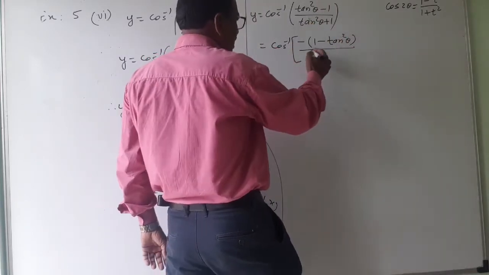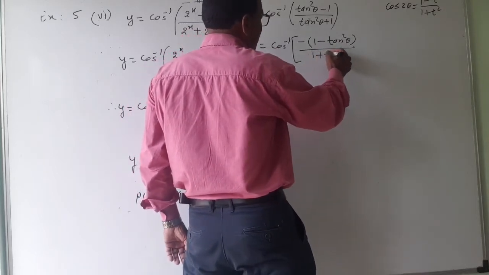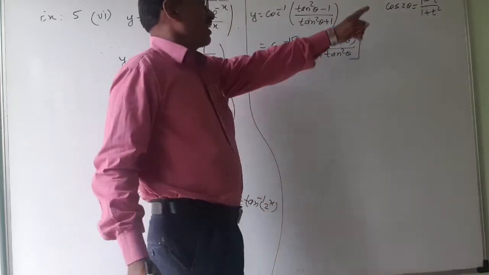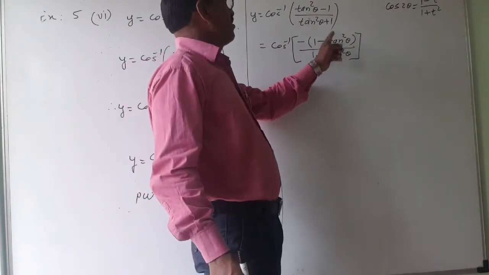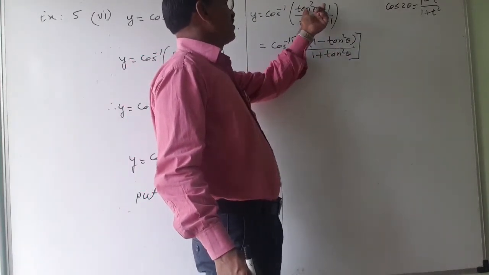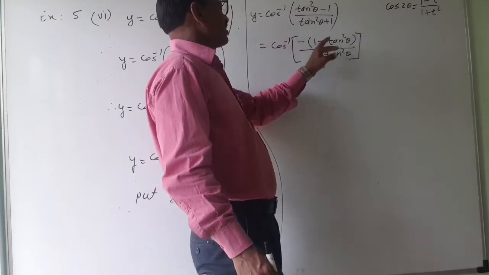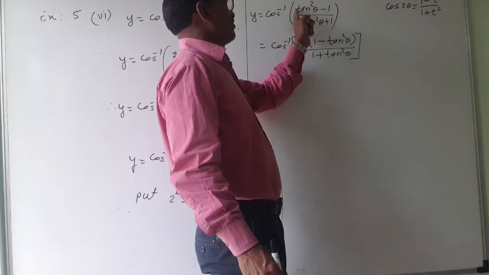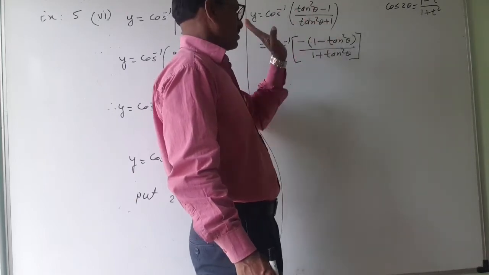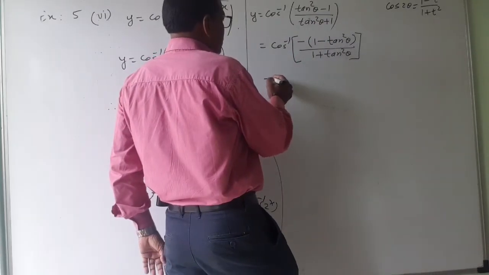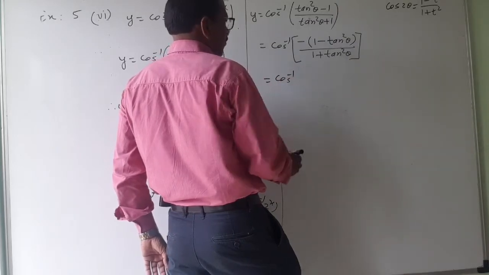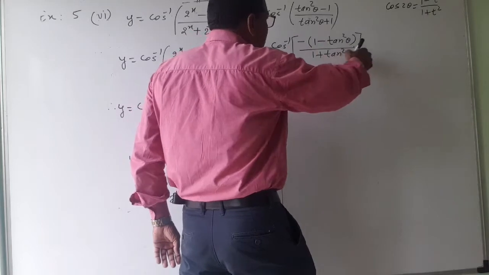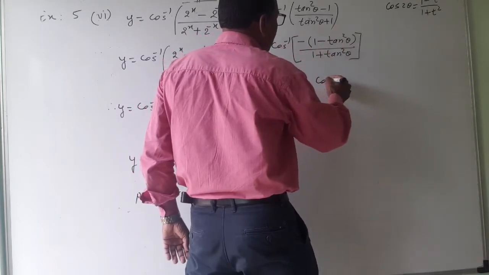And here I am not doing anything, 1 plus tan square theta. Now it has fit into that 1 minus t square, only because I have taken minus common. If minus is taken common, the sign changes. So that is equal to cos inverse of minus, and this much is cos 2 theta.